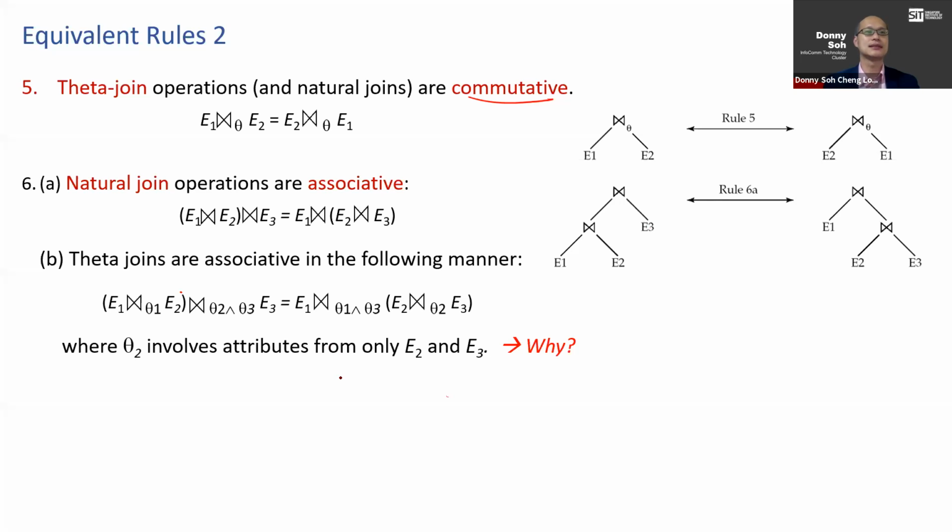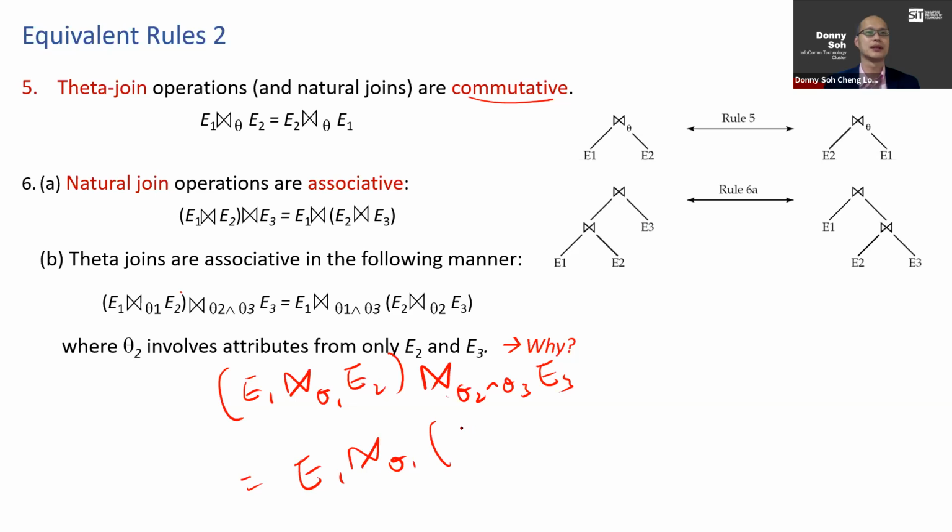So this is something like E1 theta 1, E2, and then theta 2, theta 3, E3. I hope this will make it a little bit clearer. So this is actually equal to E1 theta 1, E2 theta 2, correct.